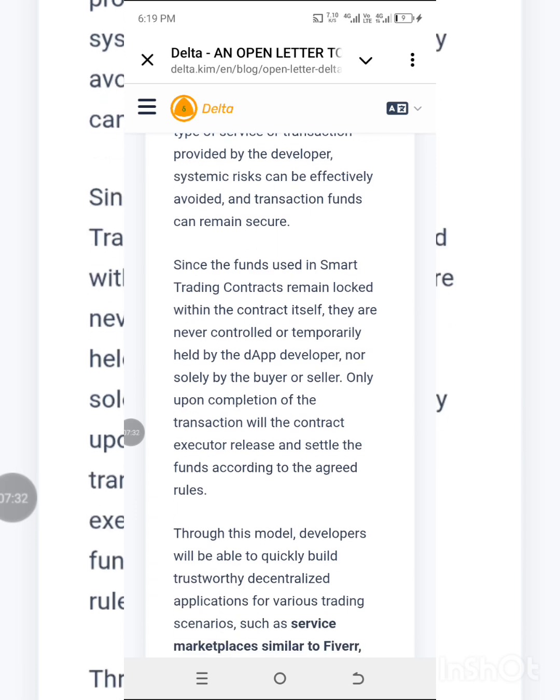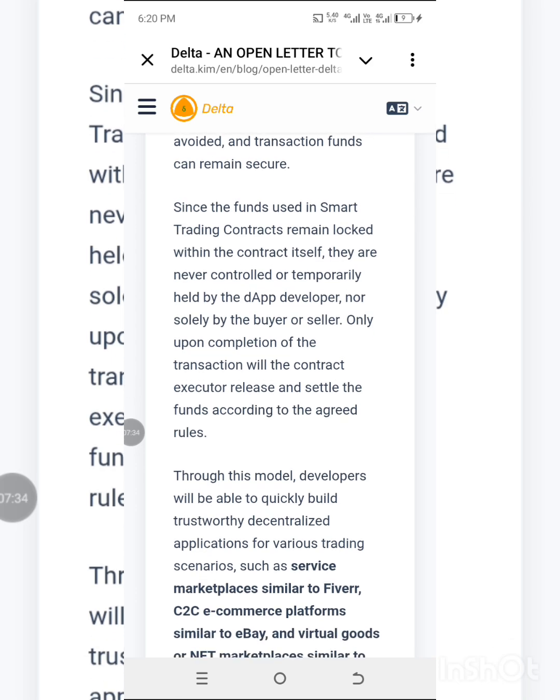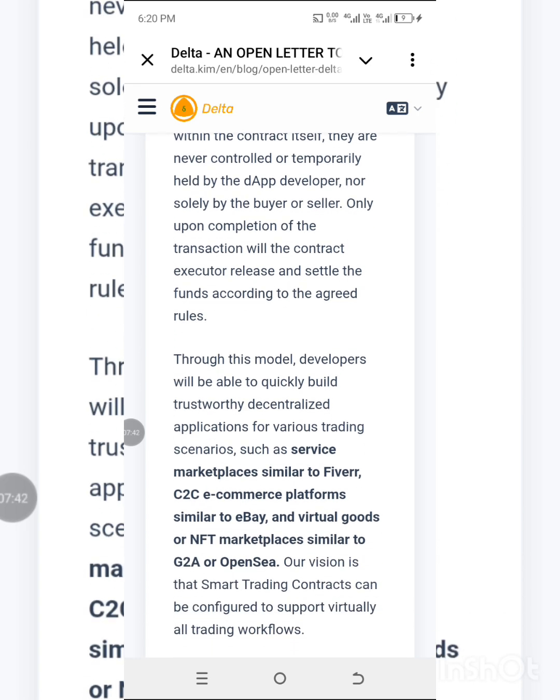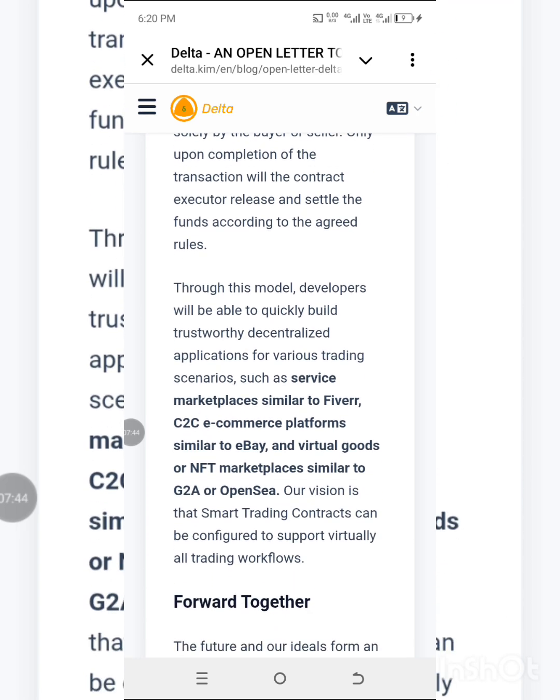Through this model, developers will be able to quickly build trustworthy decentralized applications for various trading scenarios, such as service marketplaces similar to Fiverr. If you understand Fiverr, for those who use Fiverr, C2C, you get C2C, e-commerce platforms similar to eBay. I hope you all understand it now.